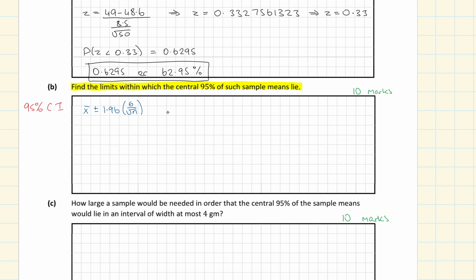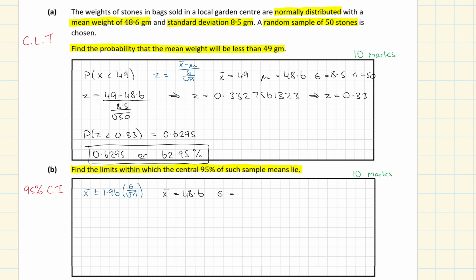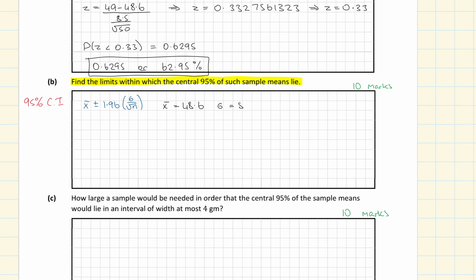And again, we're just going to write out the values that we know. Our mean is 48.6. Standard deviation, they told us 8.5. And then we have 50 stones. So we get 48.6 minus 1.96 times 8.5 over root 50.